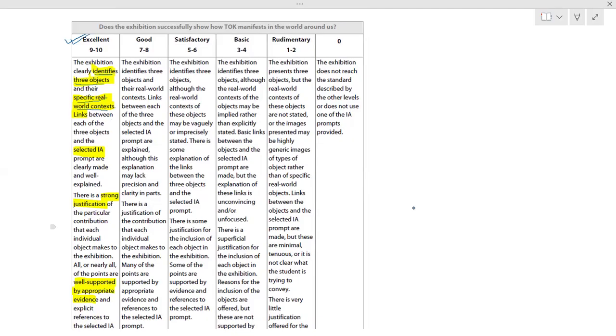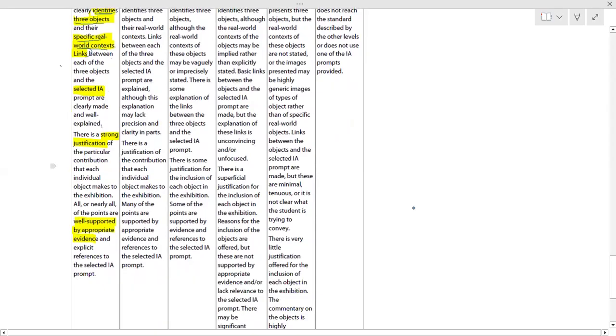Links between each of the 3 objects and the selected IA prompt are clearly made and well explained. So the link between the object and the prompt has been explained. Moving on, there is a strong justification of the particular contribution that each individual object makes to the exhibition. So, justification. Why have you selected this object?